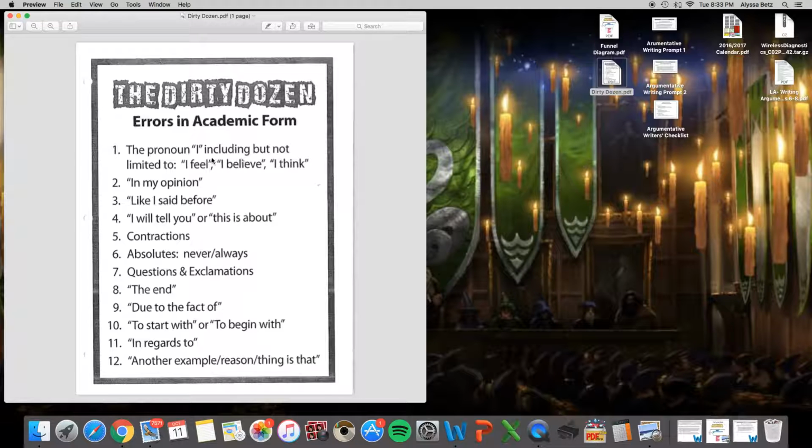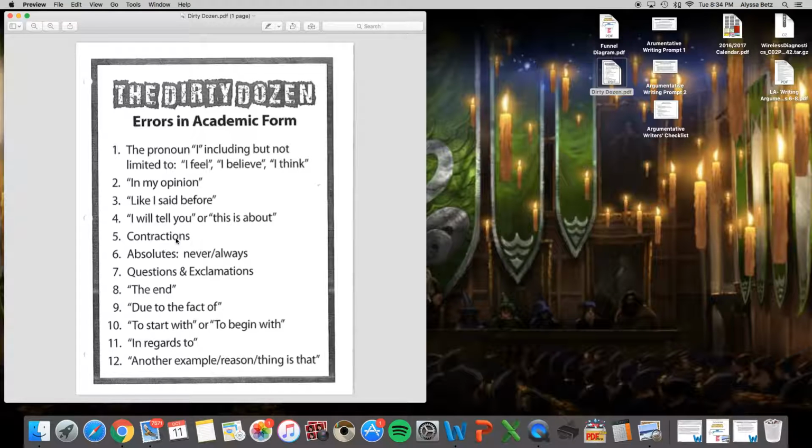You want to keep out phrases like, in my opinion, or like I said before, I'll tell you, or this is about. You want to stay away from the use of contractions. And contractions are whenever you are pushing two words together. So for example, instead of having do not, don't is the contraction version.